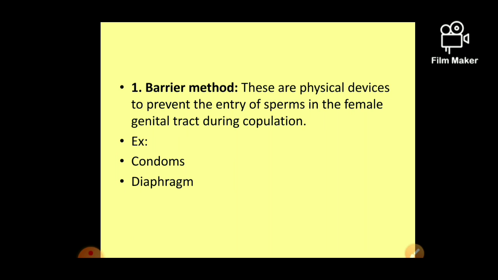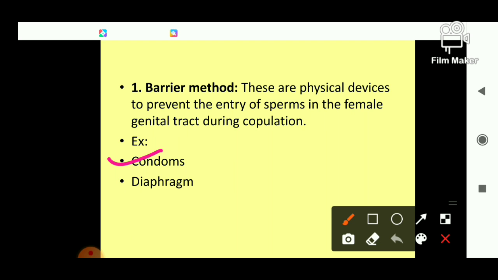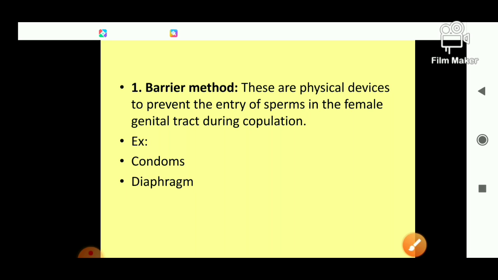Some common barriers are condom and diaphragm, etc. Condom is a tube made up of rubber, and the ejaculate gets collected in the tube and is not discharged into the vagina. And diaphragm is a flexible rubber or plastic cover that fits over the cervix in the female and checks the entry of the sperm into the uterus.